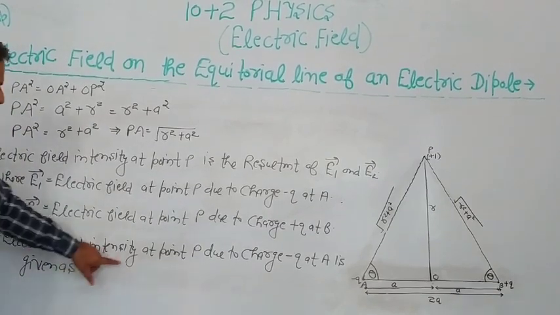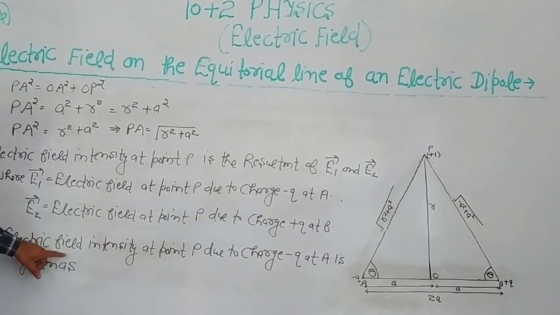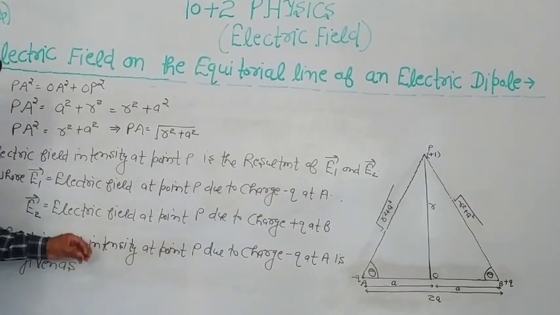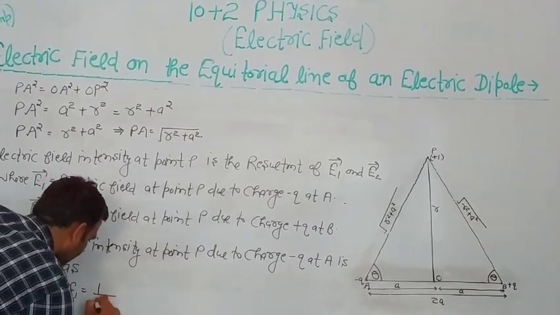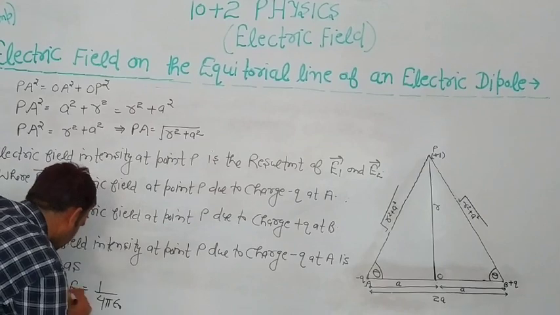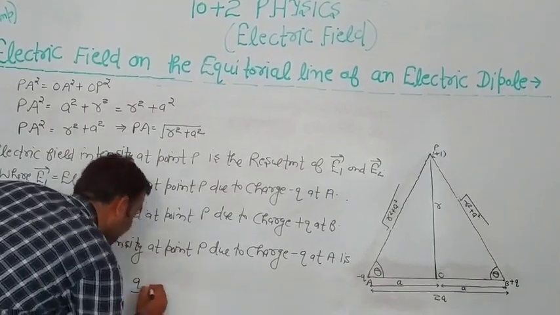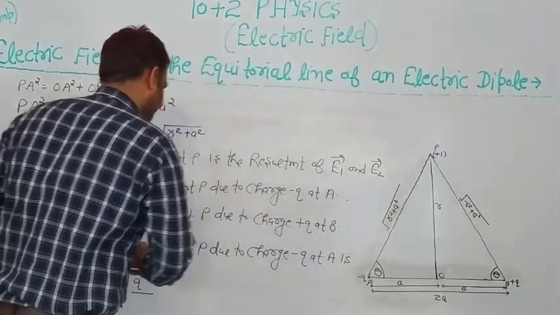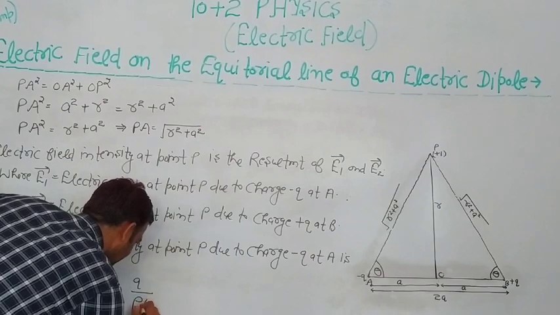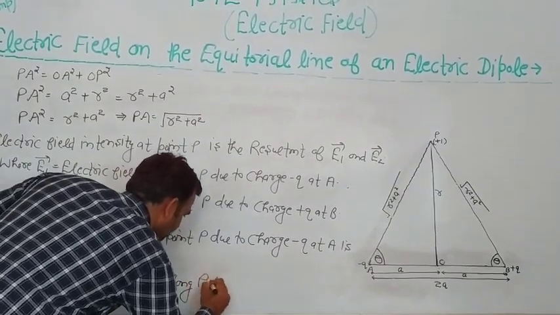Electric field intensity is equal to 1 upon 4 pi epsilon naught, Q upon PA square, and the direction is along PA.